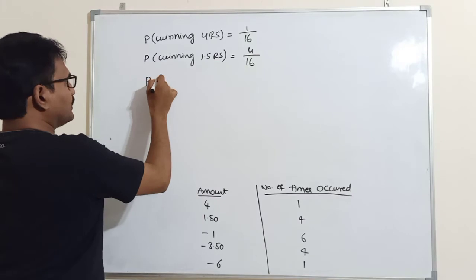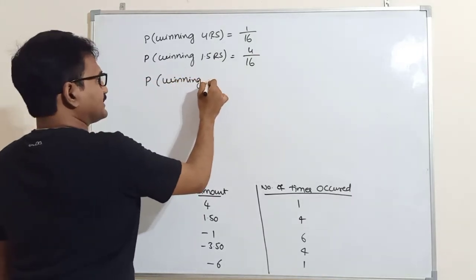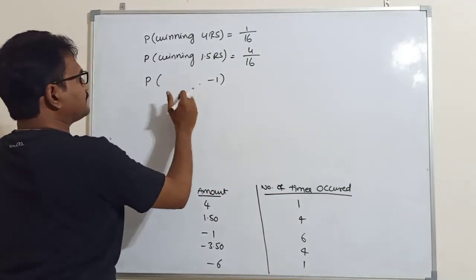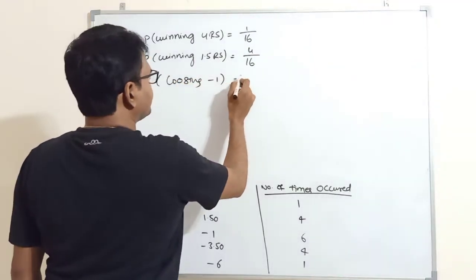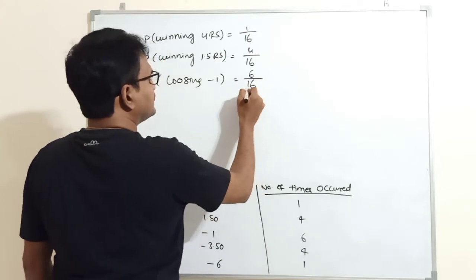Next, probability of losing 1 rupee is 6 out of 16.